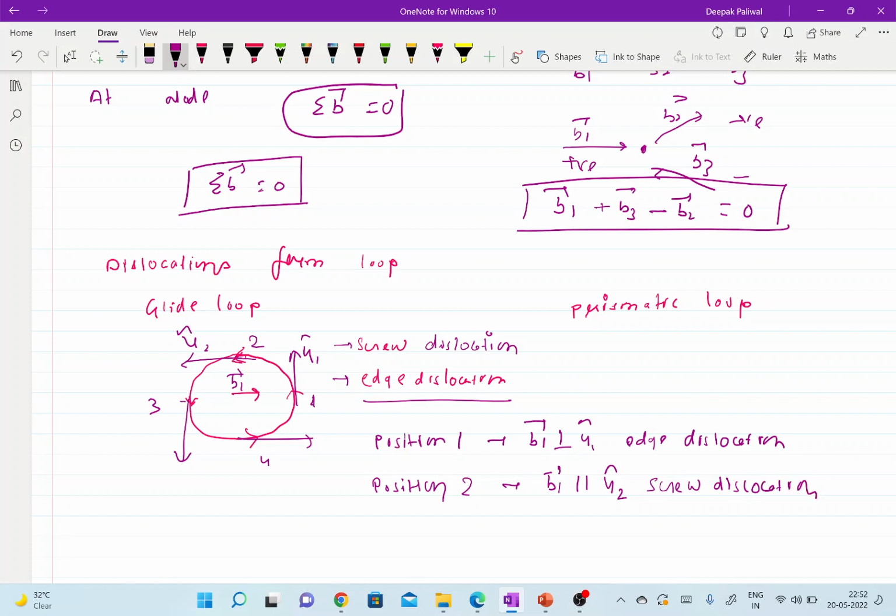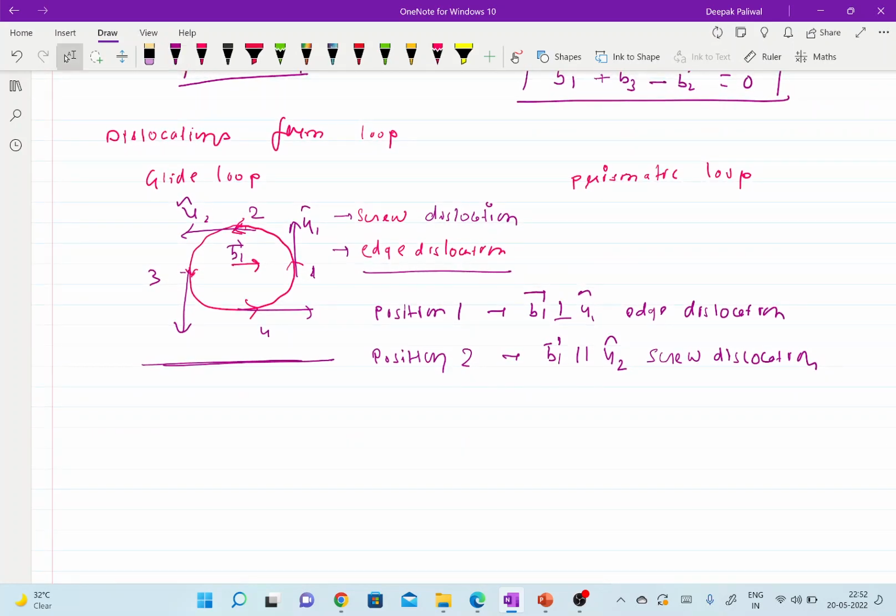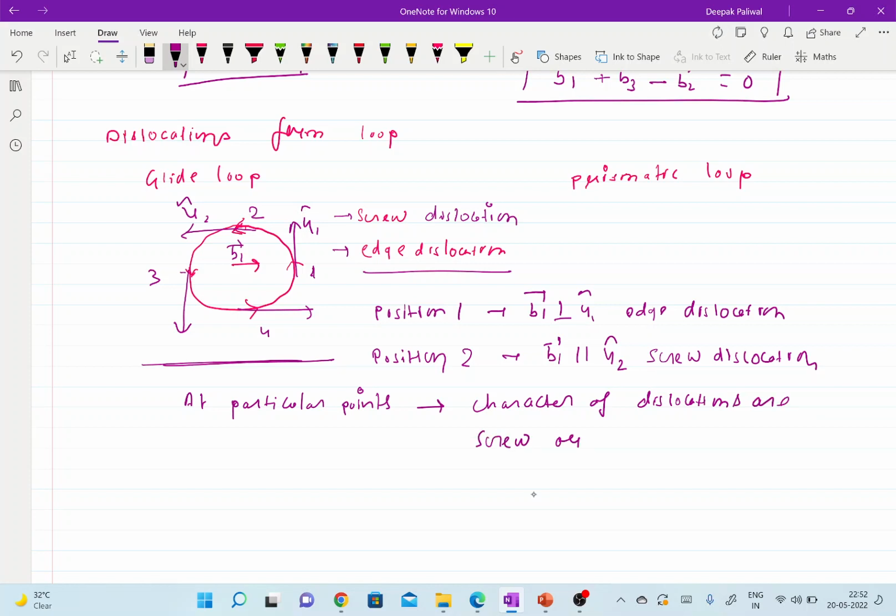Again, one more important characteristic here is that at particular points, the character of dislocations is screw or edge.